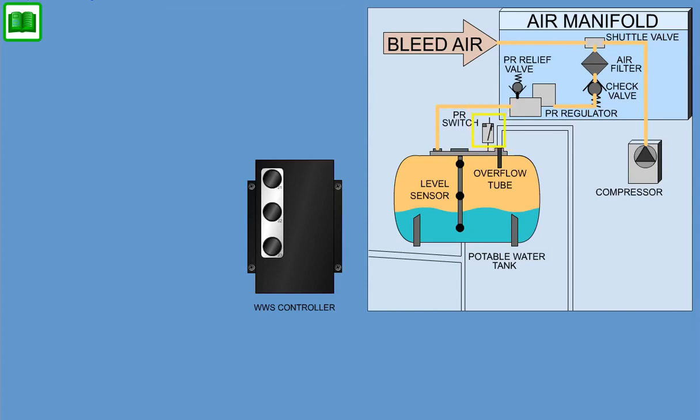Upon switch contact closure, a ground signal is sent to the waste and water system controller. The switch is set to turn the compressor on at a tank pressure of 35 psig, 2413 hectopascal, and to switch off at a pressure of 38 psig, 2620 hectopascal.